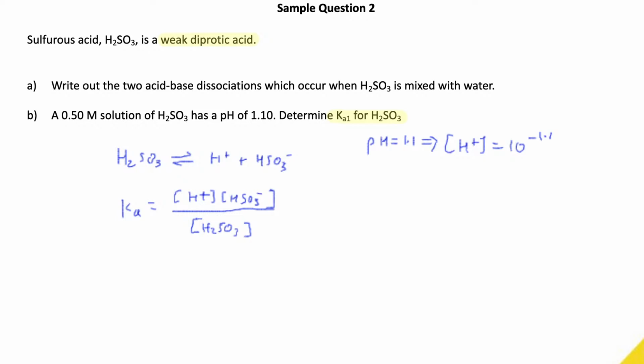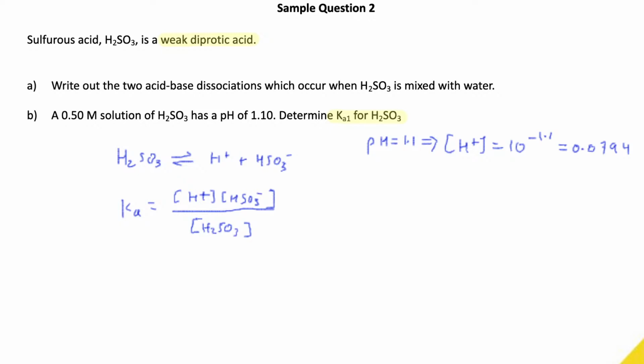So 10 to the power negative 1.1 gives me on my calculator 0.079, 794 if you will. Well, 7.9 would have been good enough. So you can do that on your calculator and you should be fine.